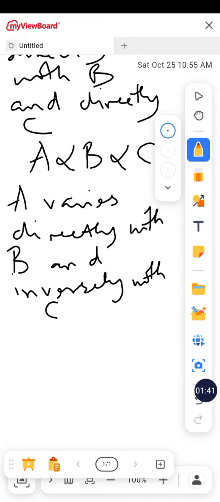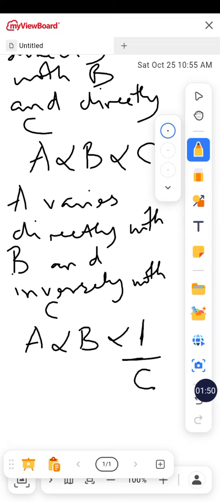So that will be A varies directly with B and inversely with C, because we know inverse variation means 1 over that thing. So joint variation can use direct variation, inverse variation, or a combination of both. In this case, this is a combination of both.